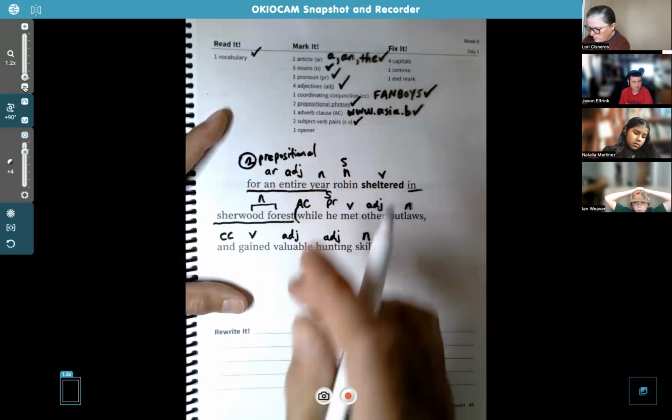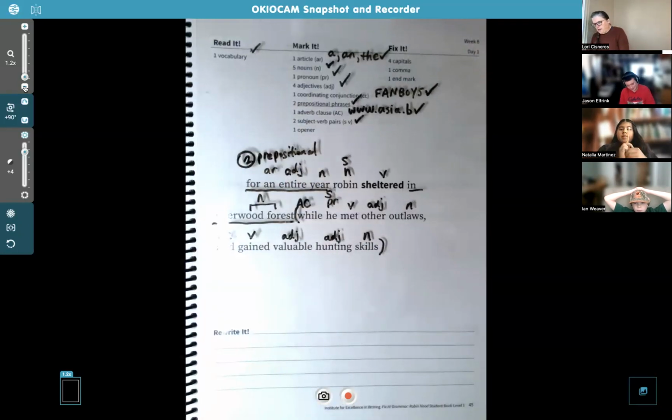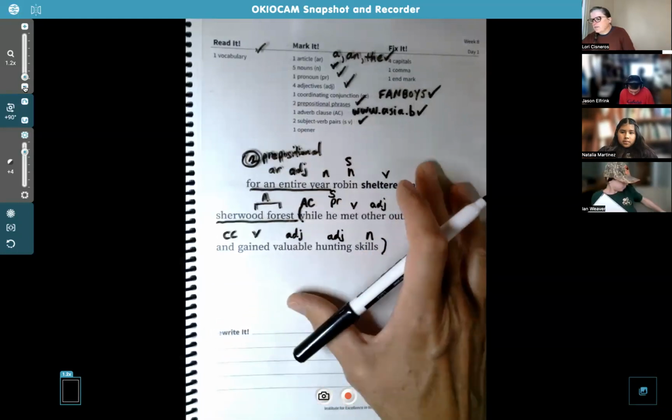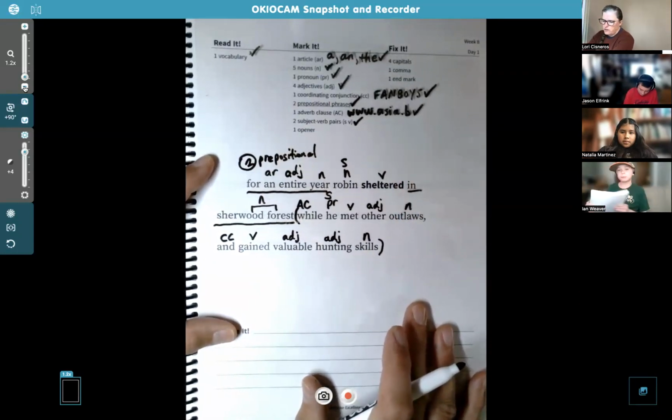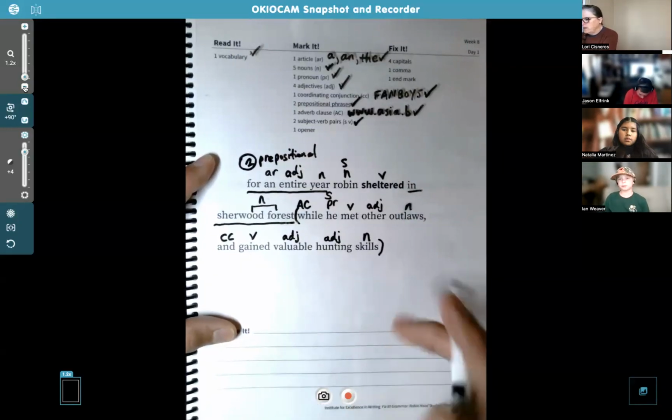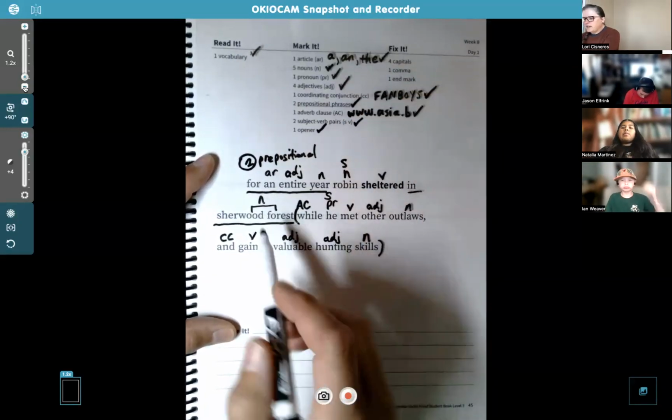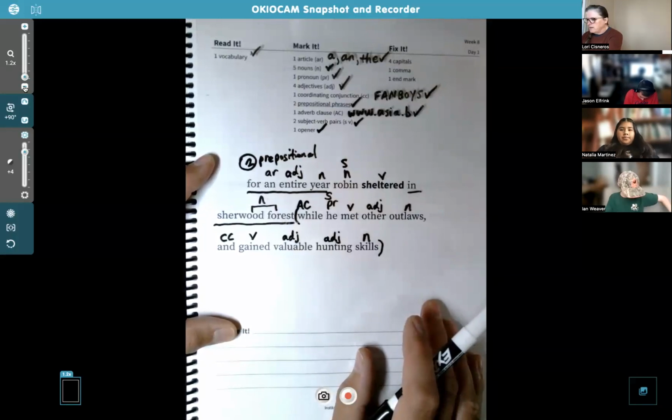Let me check, but I think 3 is the adverb opener. Yeah, you're right. Sorry. Number 1 is subject. Number 2 is prepositional. Number 3 is adverb. So for this one, it's prepositional number 2. Good. But you had it right because it starts with a prepositional phrase.